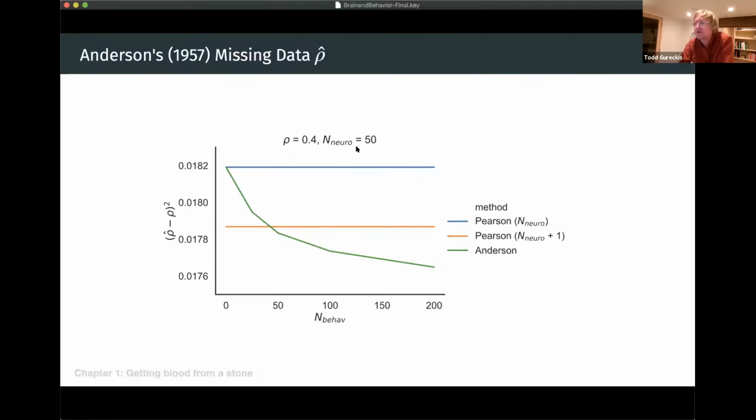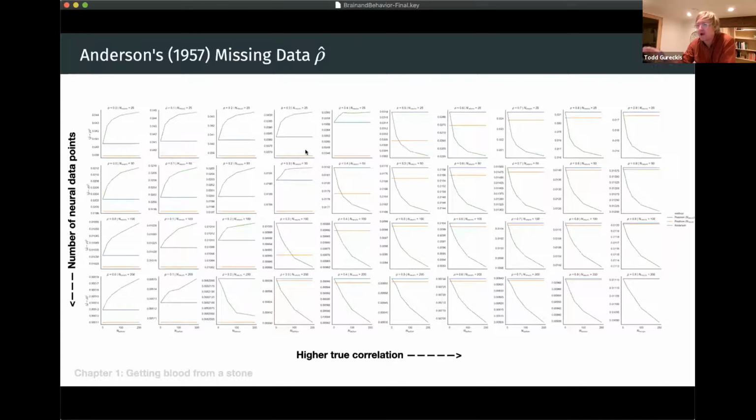Now this is for a particular combination of these, let's call them parameters: a certain number of people who you made measurements of both the brain and the behavior, and a true underlying correlation that's reasonably strong here. We can imagine this for all different kinds of settings, like small sample studies and large sample studies, going from top to bottom, or higher true correlation versus lower true correlation, and see the cases where Anderson's estimator provides a less variable estimate of the correlation coefficient.